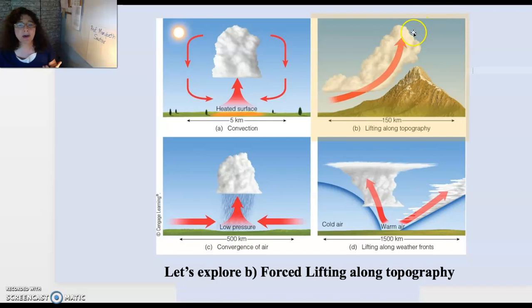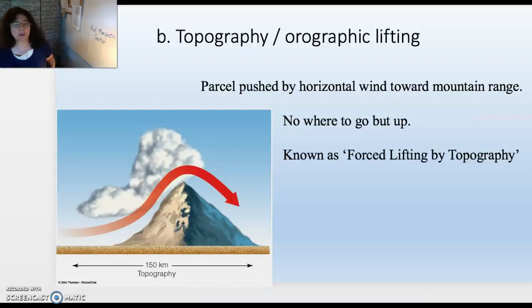This is another type of lift that is critical to the climate of the Rockies, and it also impacts the climate of the Appalachian Mountains as well. We'll be studying this entire phenomenon in our assignment this week on rain shadows.